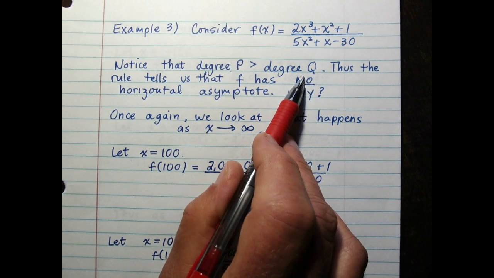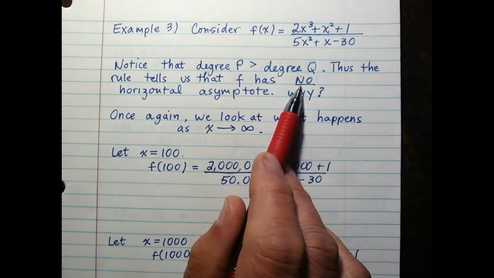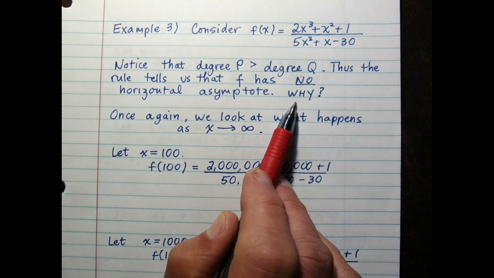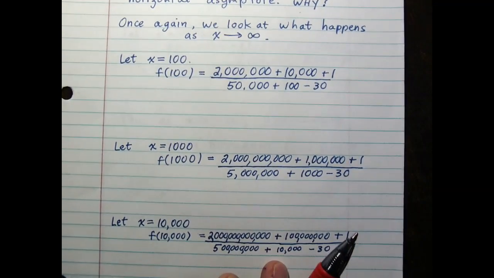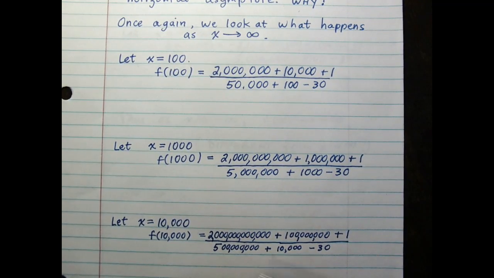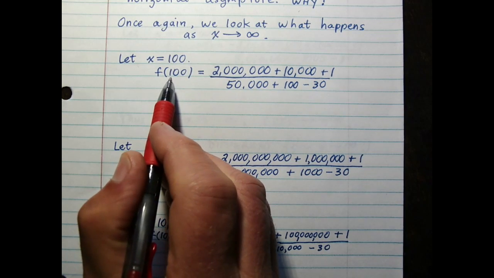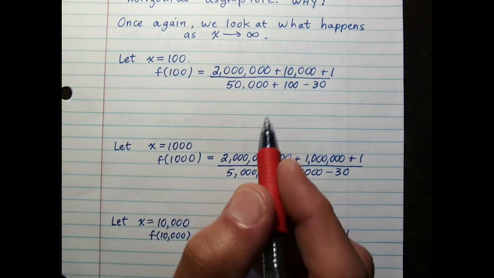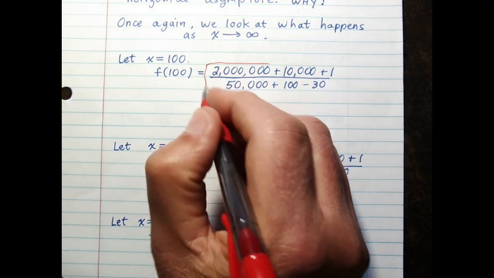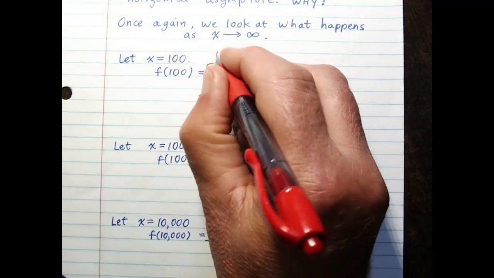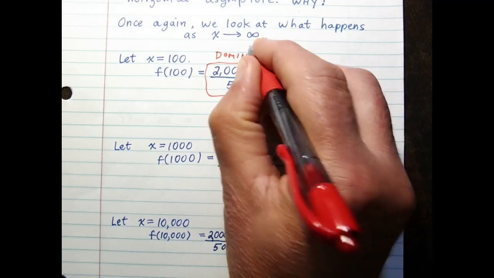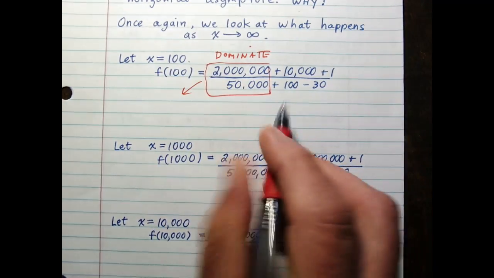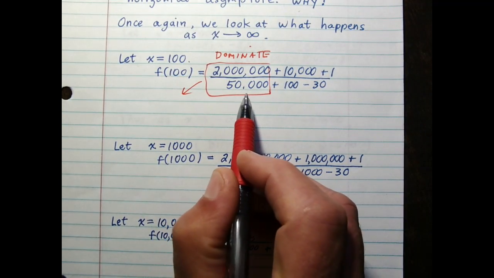When I compute f of 100, again, these lead terms are going to dominate. And what's this ratio? It looks like 200 over 5, right? And again, the contribution of the remaining terms, they're there, but they're relatively insignificant, right?